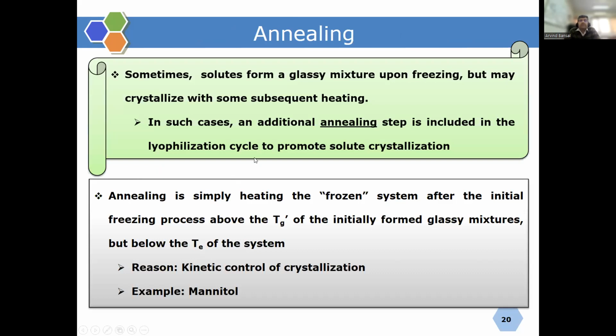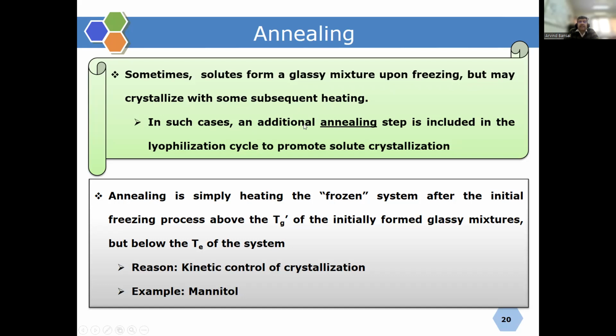Another important step that can be included in the overall freezing phenomena is annealing. Sometimes the solutes come out in the form of an amorphous or glassy mixture upon freezing, as was the case with sucrose, but they may be crystallized with some subsequent heating.